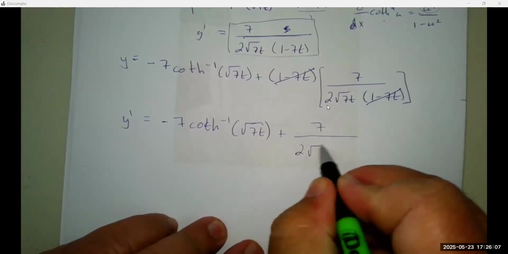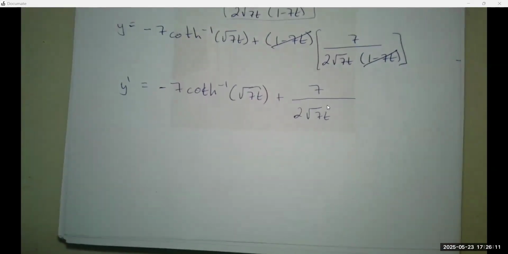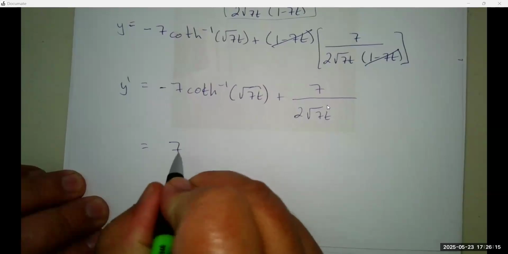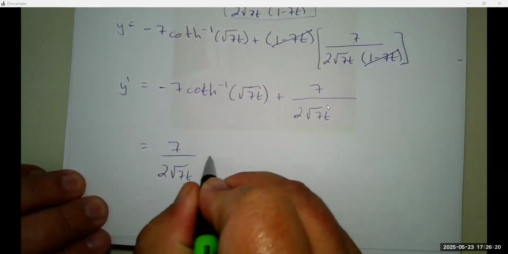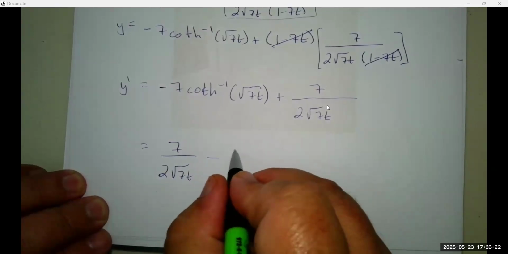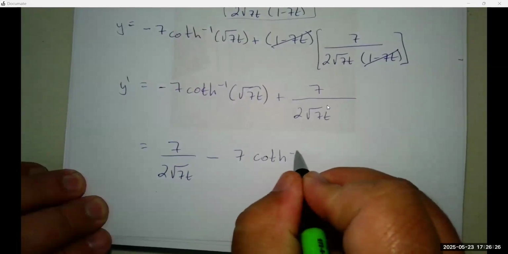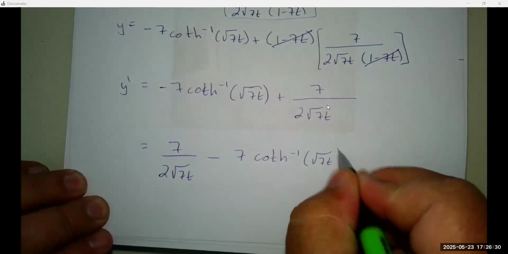We have 7 over 2 radical t. Now we could rearrange these. We could put 7 over 2 radical 7t minus 7 inverse cotangent radical 7t.